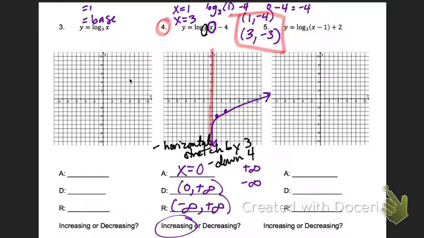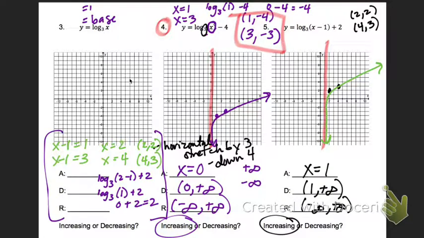Okay, try number 5 and then we'll be done. So the two x values that I chose, I wanted to set the stuff in parentheses equal to what two numbers? 1 and the base, 3.